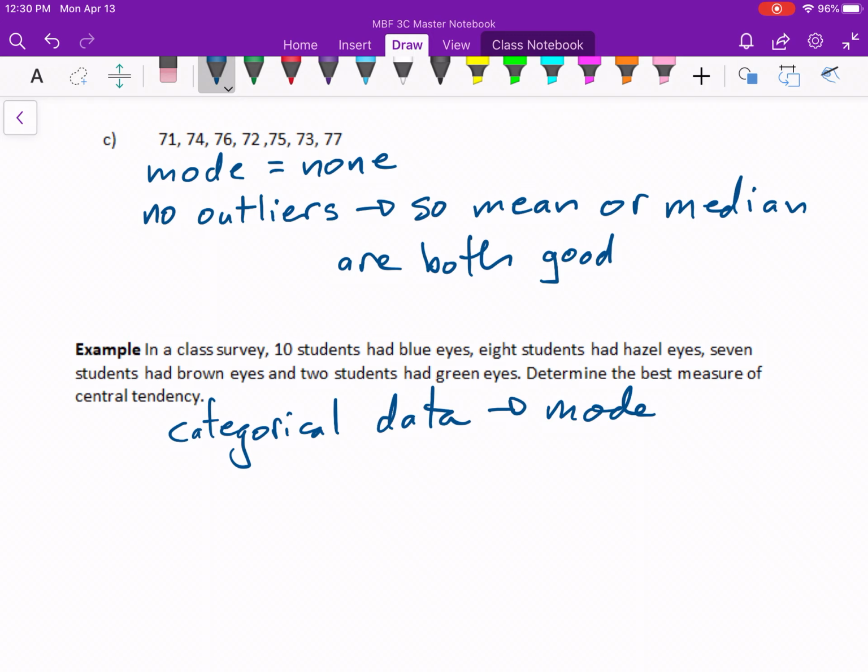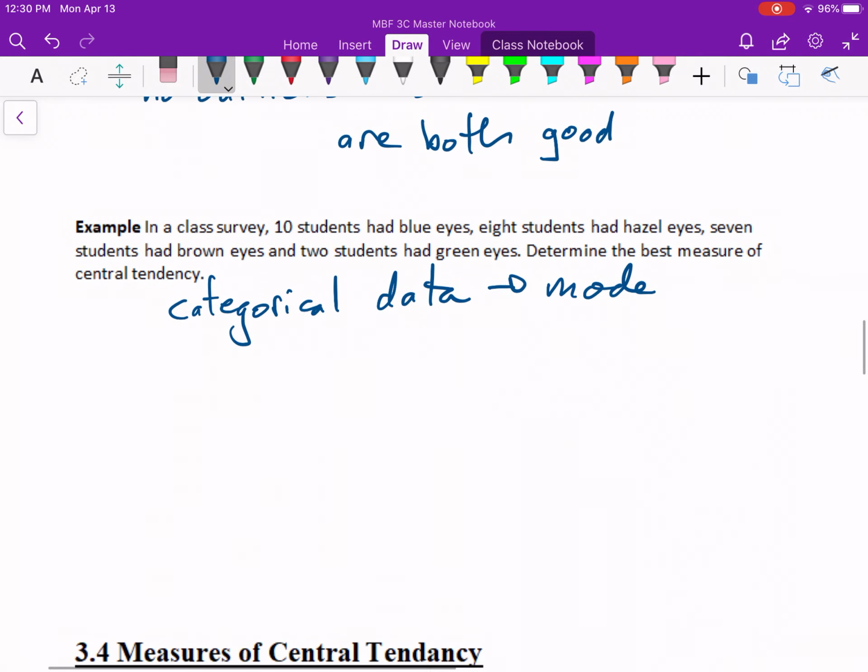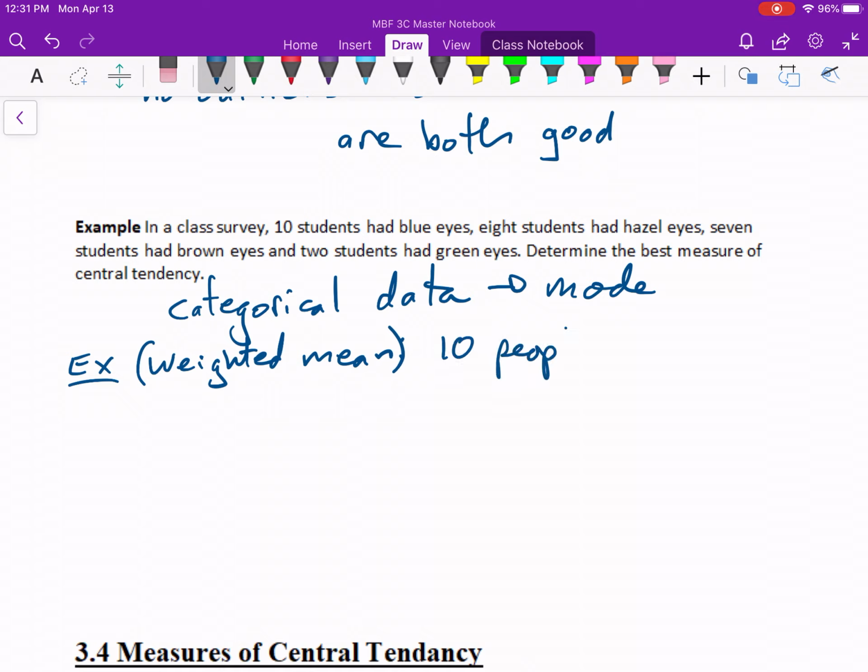Okay, here's one further example I just want to stick on here because I think it might help with homework a little bit. I just want to talk a little bit about a weighted mean. So let's say that, in brackets there, 10 people got 60% on a test, okay?